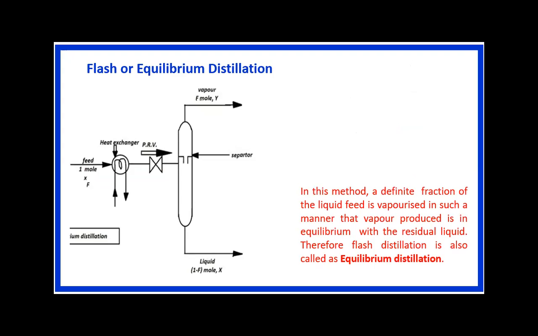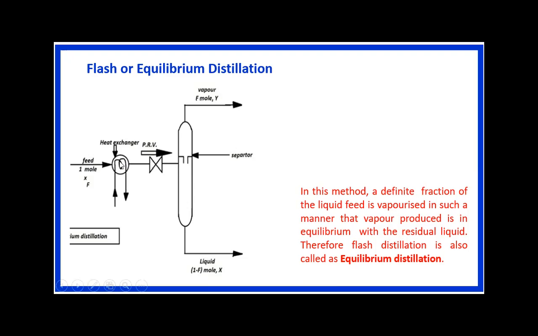So in this experimental setup we can understand there are three components, that is heat exchanger, PRV, that is pressure reducing valve, and separator or column. So in this method we are going to feed this liquid component mixture through the heat exchanger, where heat is gained by these liquid components, and after reaching the bubble point it is going to change into its vapor.